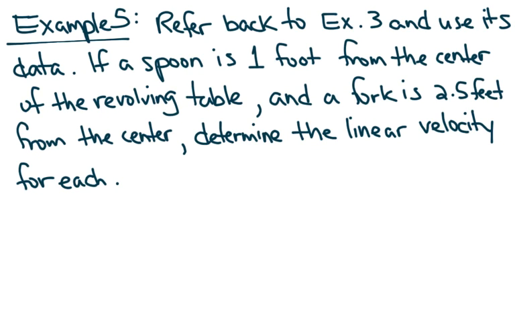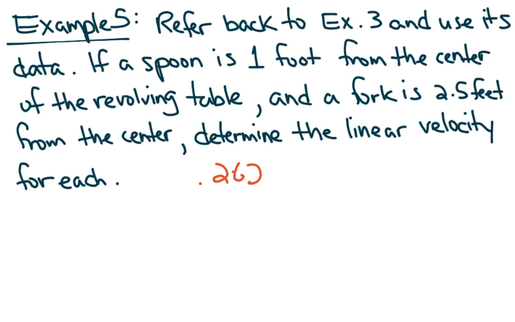In example 5, we're going to refer back to example 3 and use its data. In example 3, we found the angular velocity of a rotating buffet on a table, also known as a Lazy Susan, if you've never heard that before. We determined in example 3 that the angular velocity in radians per second was 0.262.